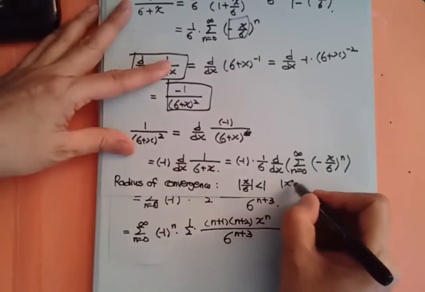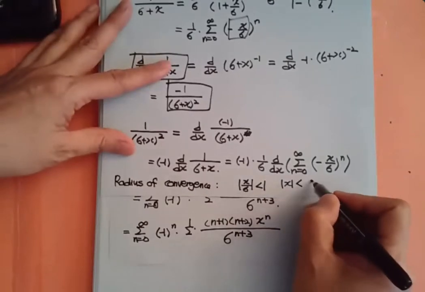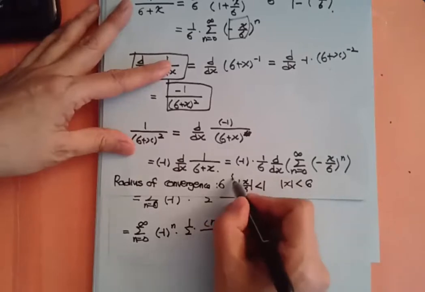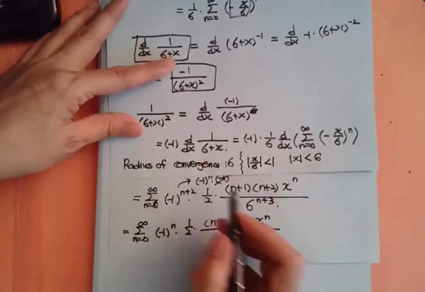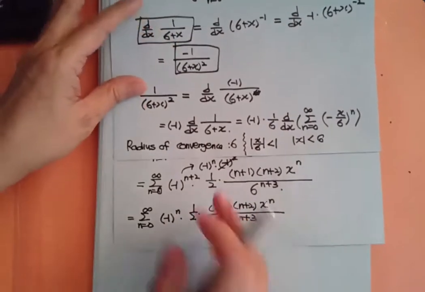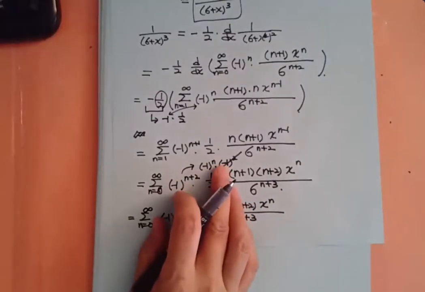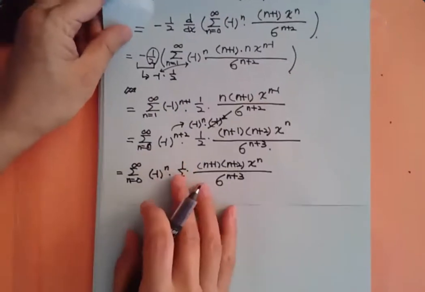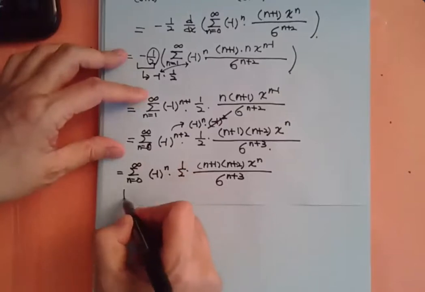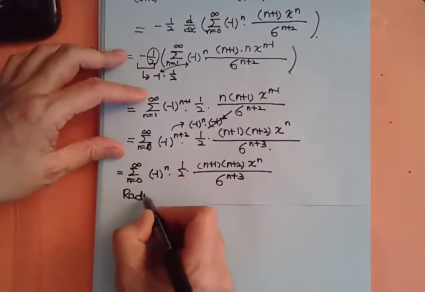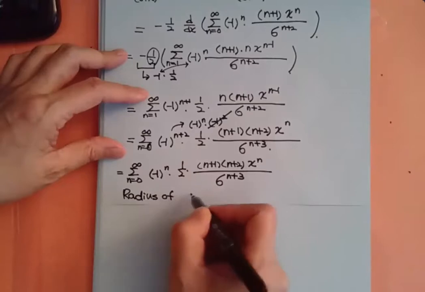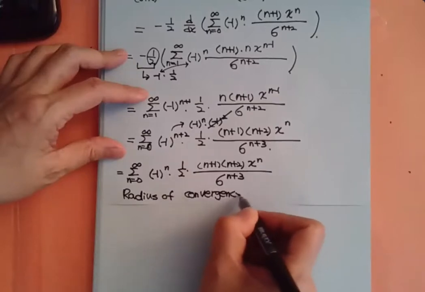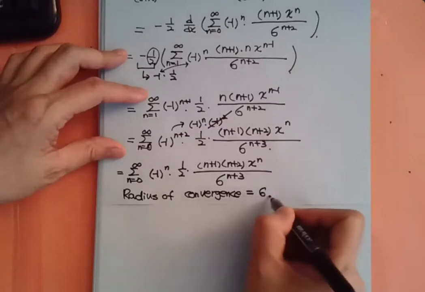So the absolute value of x is less than 6 by multiplying by 6 on both sides. And so the radius of convergence is 6. And the next problem is obtained by differentiating the previous one. So the radius of convergence is 6.